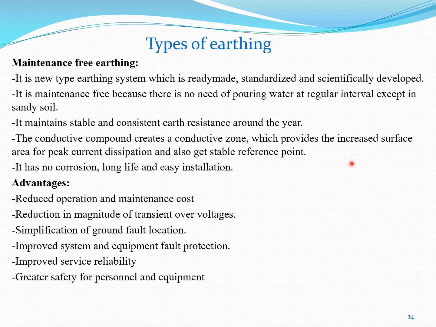There is a reduction of magnitude of transient over voltages. Then ground fault location is simple. Then improved system and equipment fault protection, improved service reliability, and greater safety for the person and equipment.